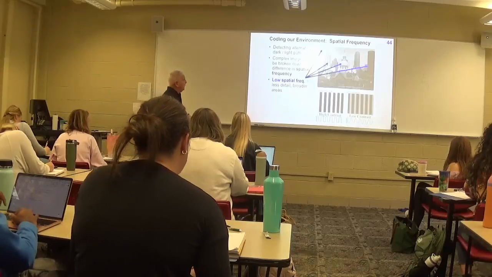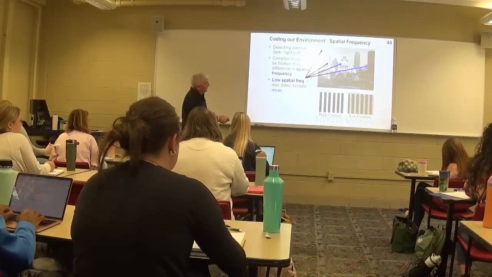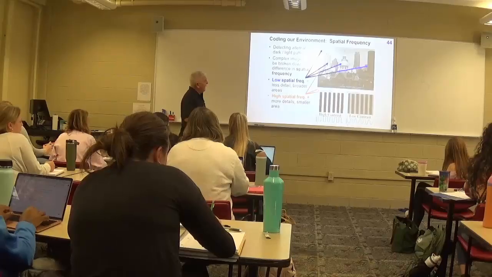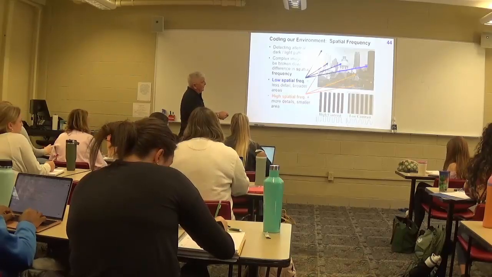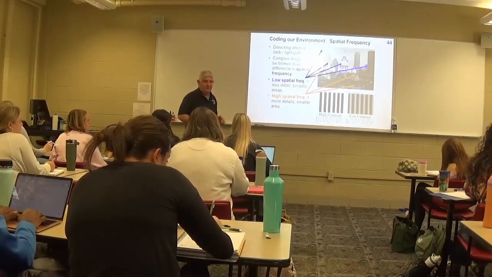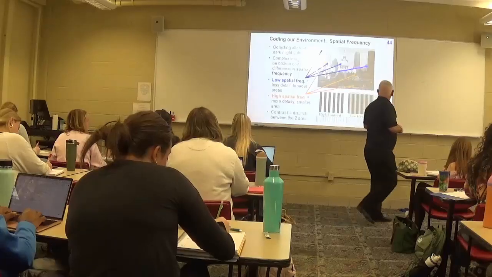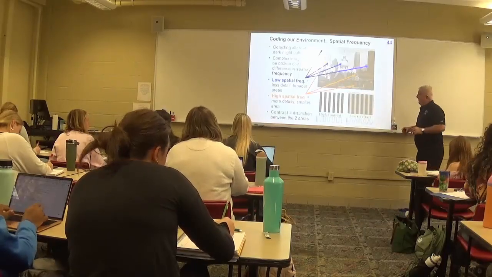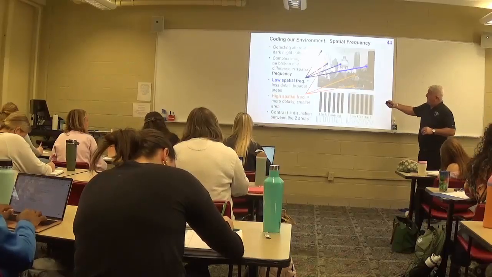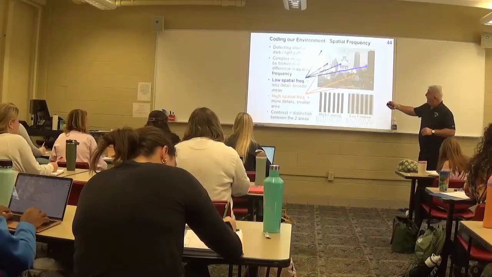Right? So here we see low spatial frequencies. High spatial frequencies, changes in light, bricks, tiles. And then on top of that, we can look at high contrast, high frequency, right?